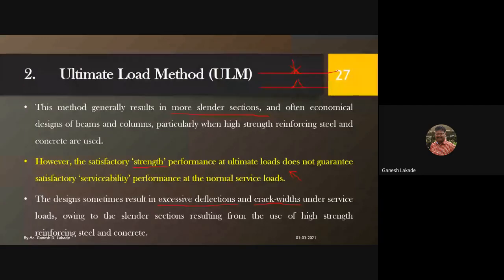That's why the ultimate load method is also not continuously used. So some modifications were made in this method, and a new method was developed, which is called the limit state method. We'll discuss this limit state method right now.